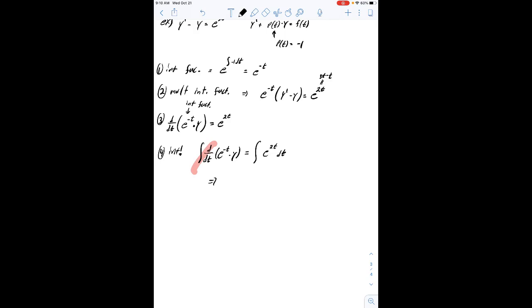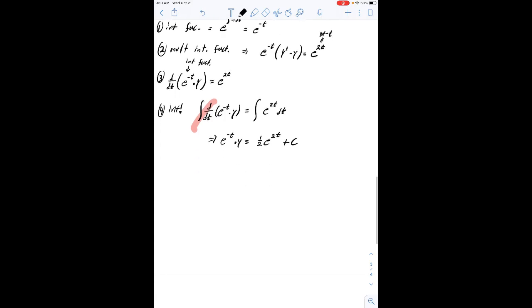And then we get e to the negative t times y equals 1/2 e to the 2t plus c, which then leads to our y as a function of t being equal to 1/2 e to the 2t divided by e to the negative t, plus c over e to the negative t.